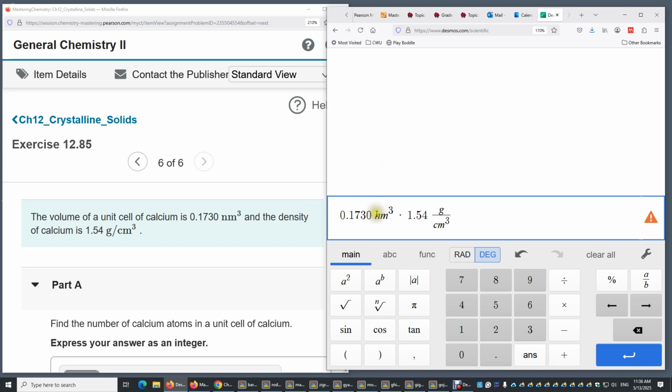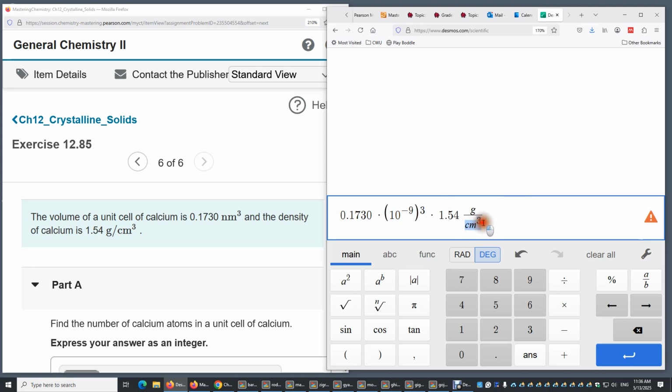However, when we are looking at this, this is nanometers and this is centimeters. So we'll have to do some conversion. 1 nanometer is 10 to the power of -9 meters. So over here, let's just use meters. And it should be cubed. So this whole thing is cubed. Now we have 1 cubic nanometer equals 10 to the power of -27 cubic meters.